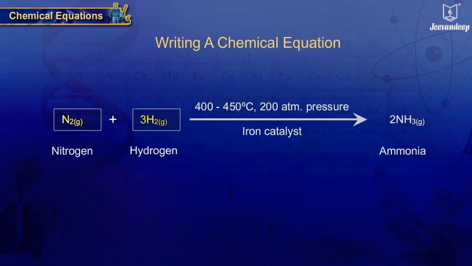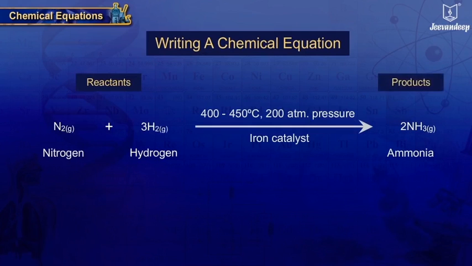The substances that undergo change are called reactants, and substances formed at the end are the products of the reaction. The reactants are always represented on the left-hand side, LHS, while the products are shown on the right-hand side, RHS, of the equation.